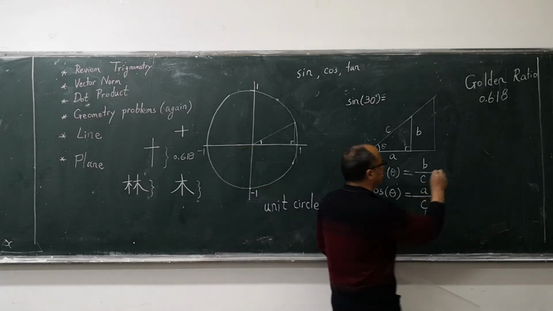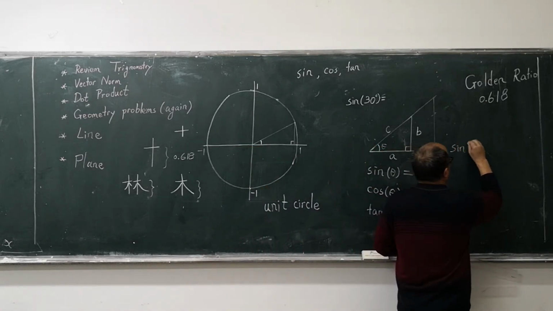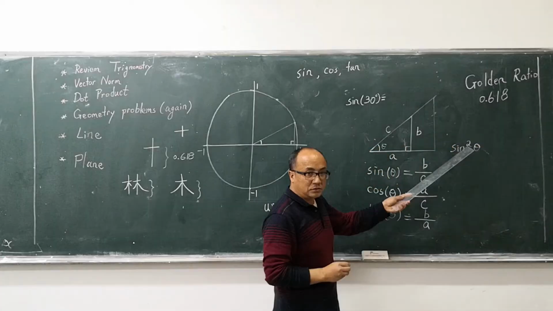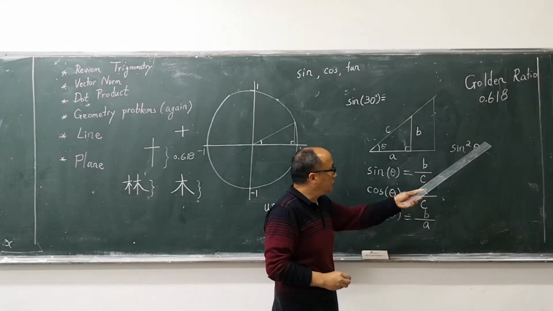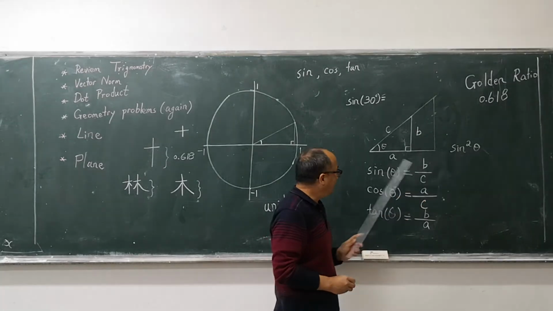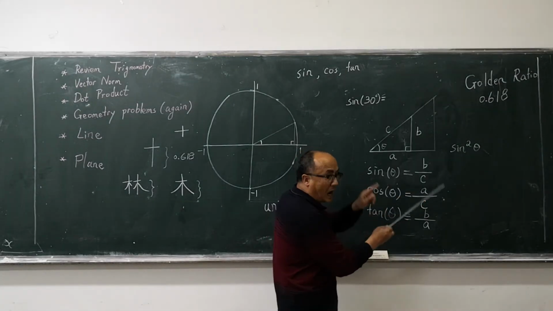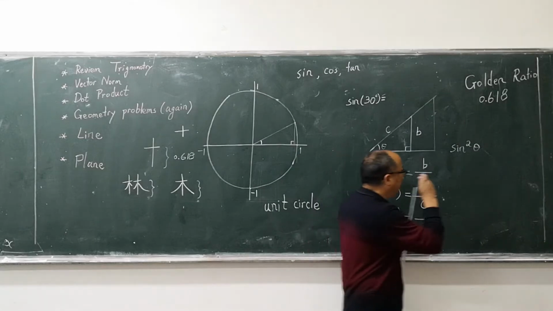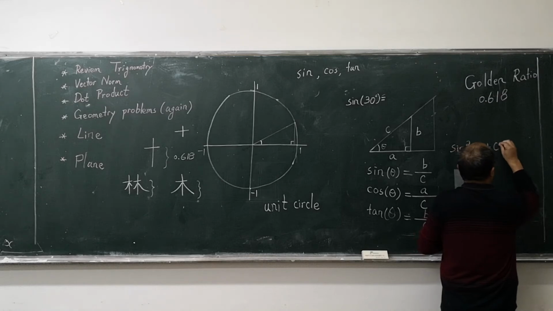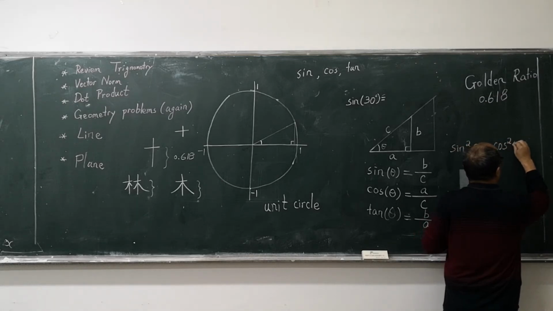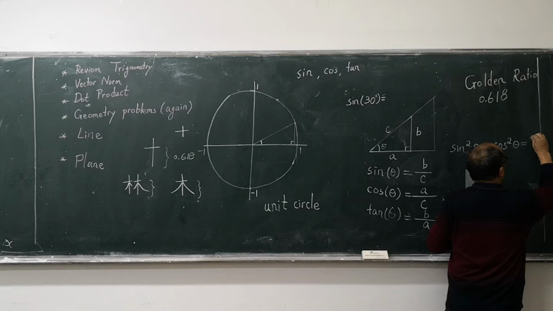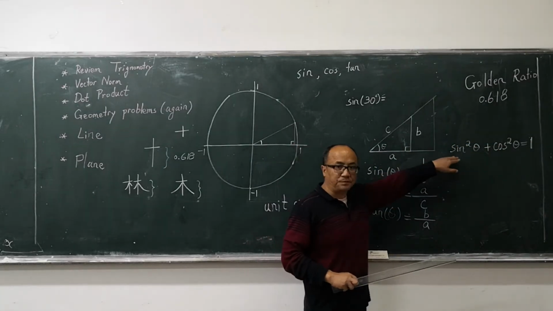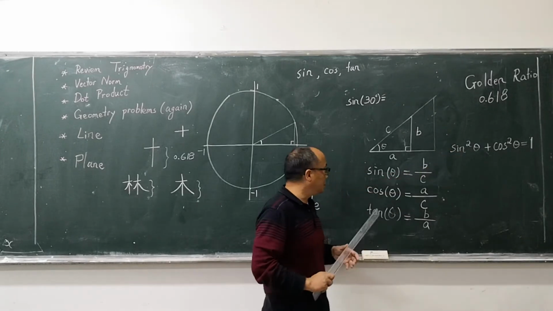Sine squared, I put the square over here, not over here. This means sine times sine. This one plus cosine squared equals 1. This is always true.